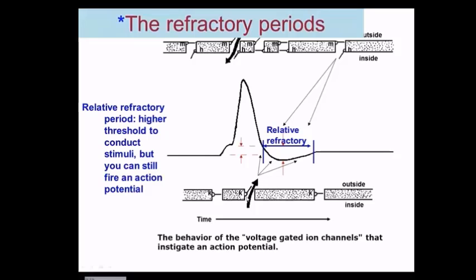In addition, potassium is leaving out of the cell faster than at rest, right? Because not only are the facilitated diffusion channels continually leaking sodium and potassium across the membrane, they do that even during an action potential.